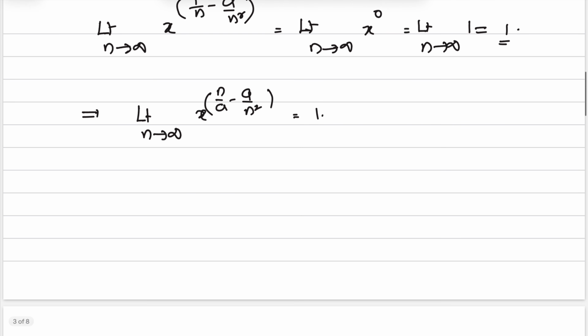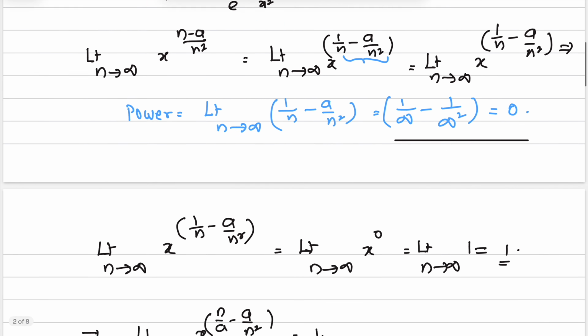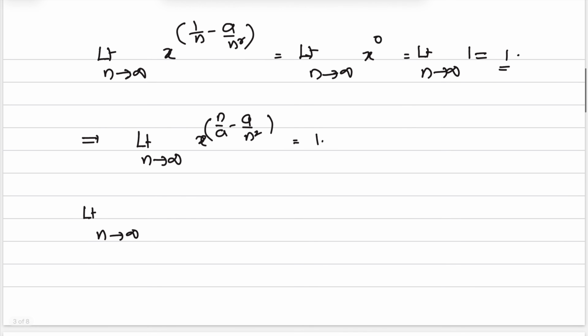Now, what is the denominator? The denominator is limit n tends to infinity of e to the power of x minus b by x square. As there is no variable n involved in this, please try to understand this.